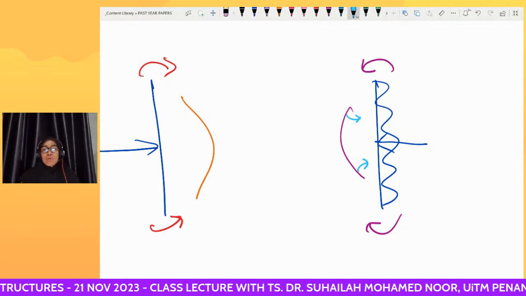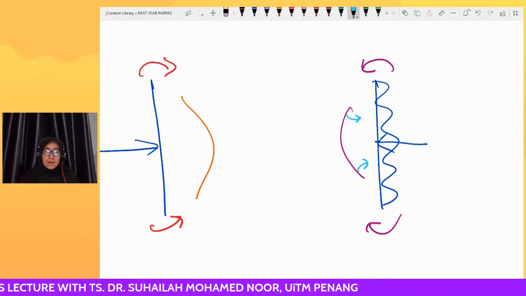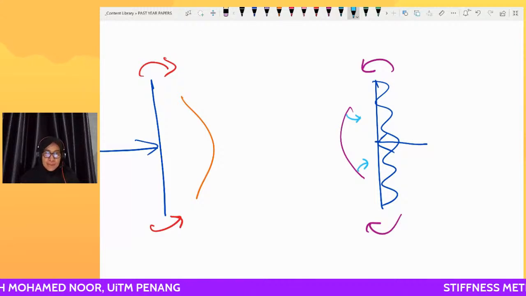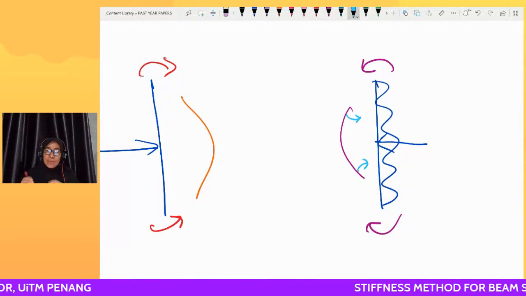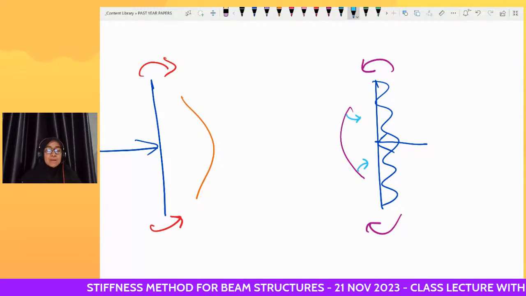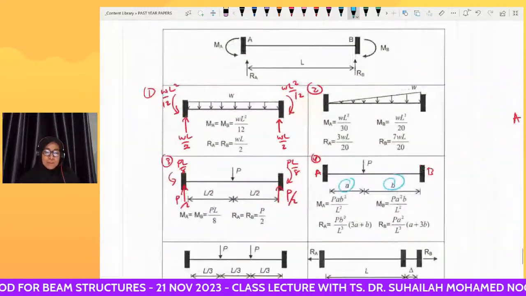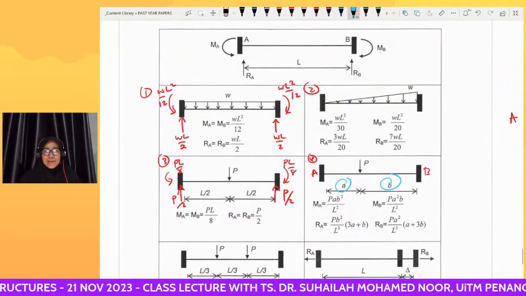The moment acts like this, which is fixed end moment or fixed end action, all behavior. The sign convention that we put here is based on the behavior, not assumption.